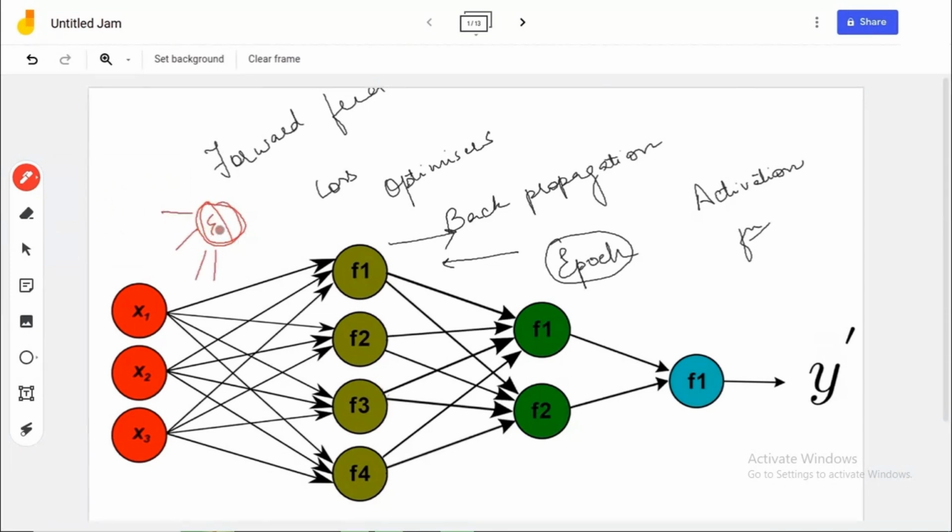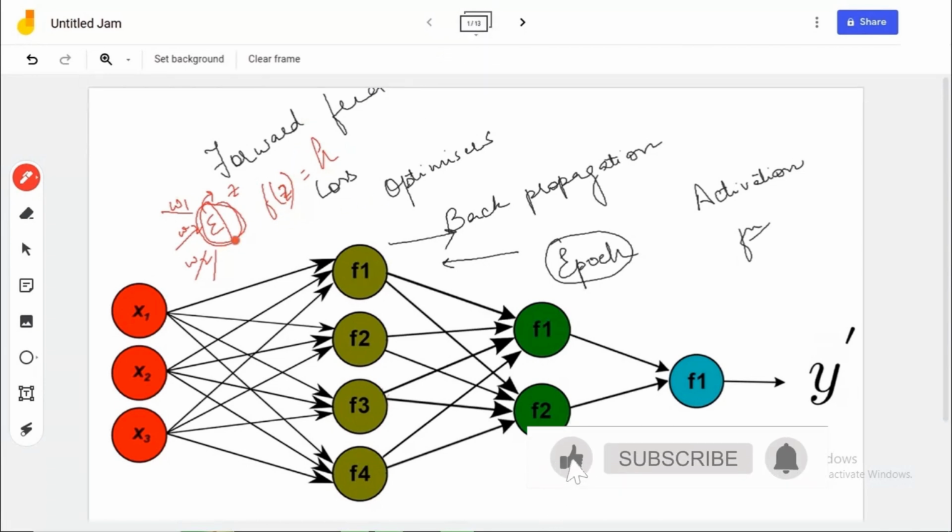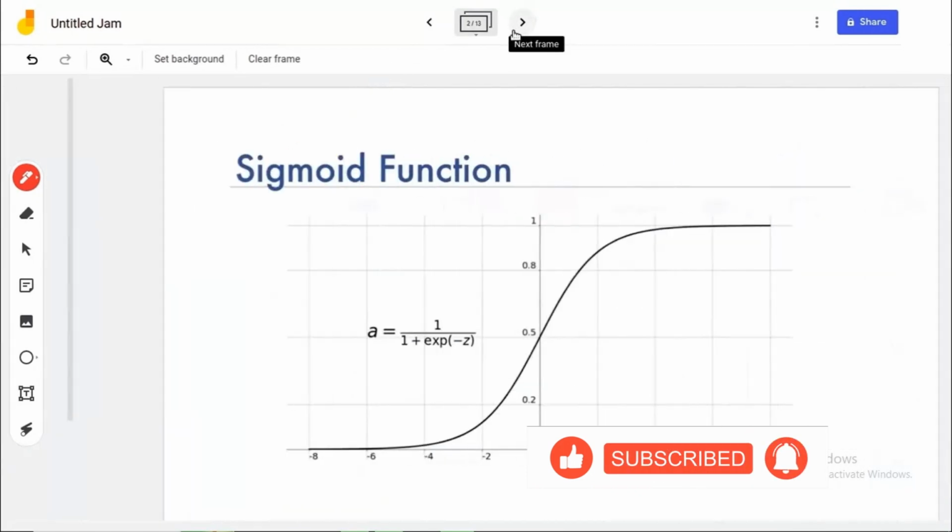You first had a summation where the inputs were multiplied with different weights, and after that this output here, which was known as Z, was passed through a function, that is an activation function, to give the final output. I hope everyone remembers that. If not, you can go and check out the previous lessons. So now we will talk about the different activation functions here.